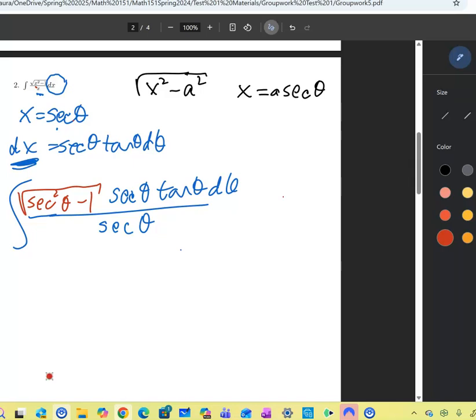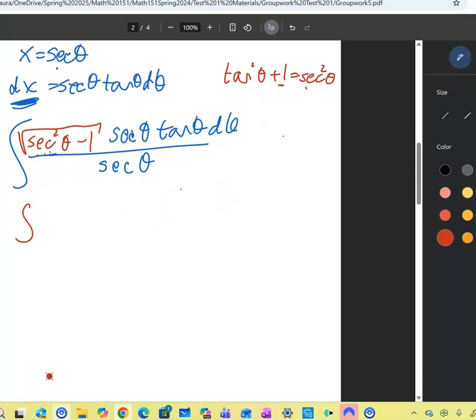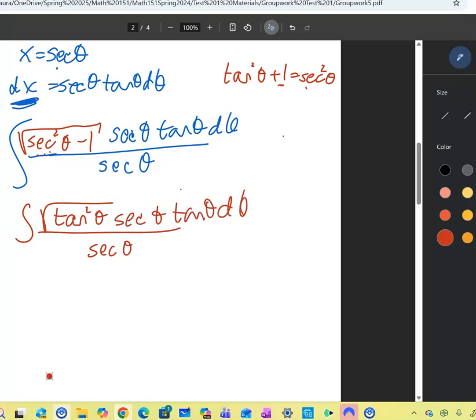Wait a minute, you know that tangent squared of theta plus 1 is secant squared of theta. So that means secant squared of theta minus 1 is tangent squared. I'm just going to go slow here. So this gives me tangent squared inside the radical there. There's my secant, and then here's secant theta tan theta d theta.